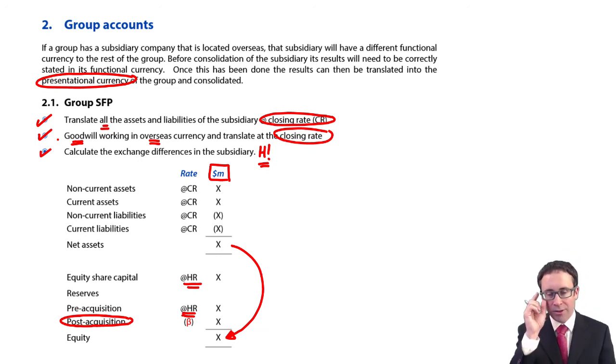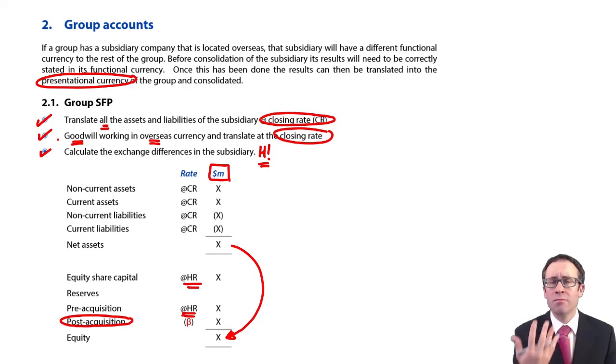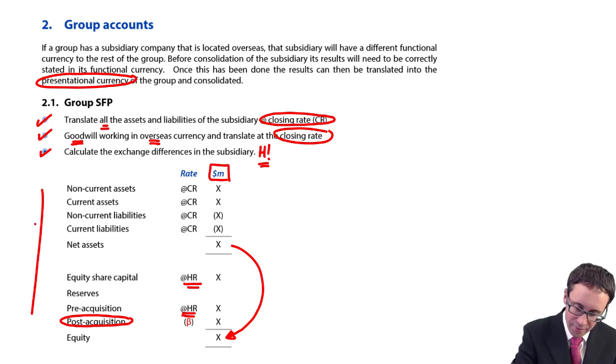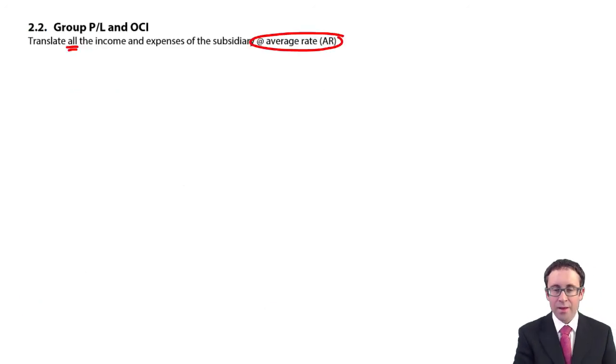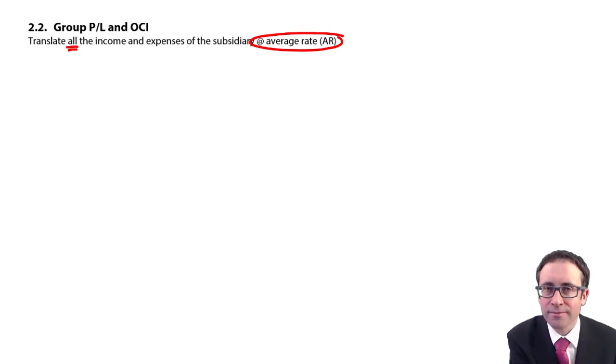We need to work out the post-acquisition movement in retained earnings from our new working. Then you've got these exchange differences that we'll touch upon later. And in the group statement of profit or loss and OCI, the overseas subsidiary is translated at the average rate. Everybody got that? They're the rules. Make sure that you know them.